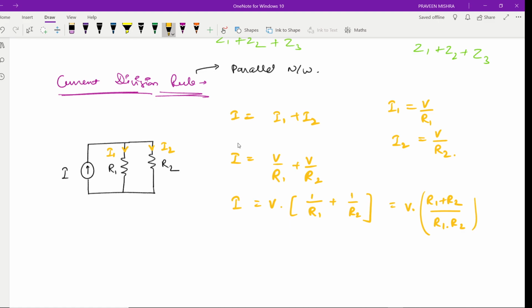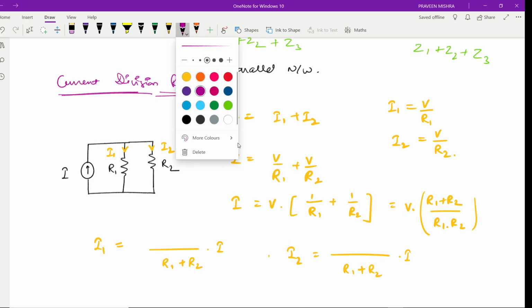And if you want to calculate I1, what you have to remember, the total impedance is R1 plus R2. Part of this I is passing through R1 and R2, and what will be the I2? In the denominator, total resistance R1 plus R2, into I.